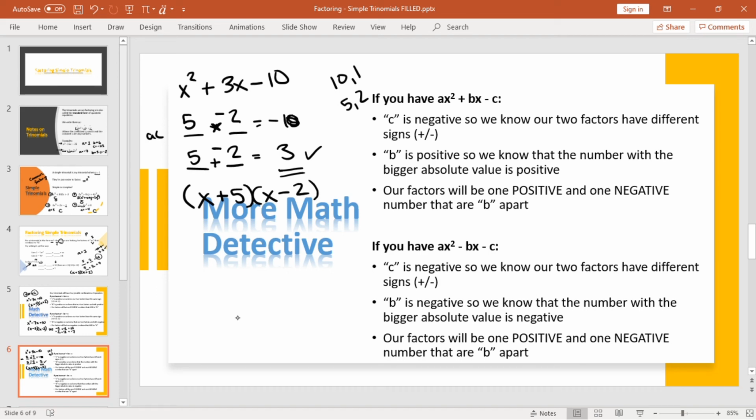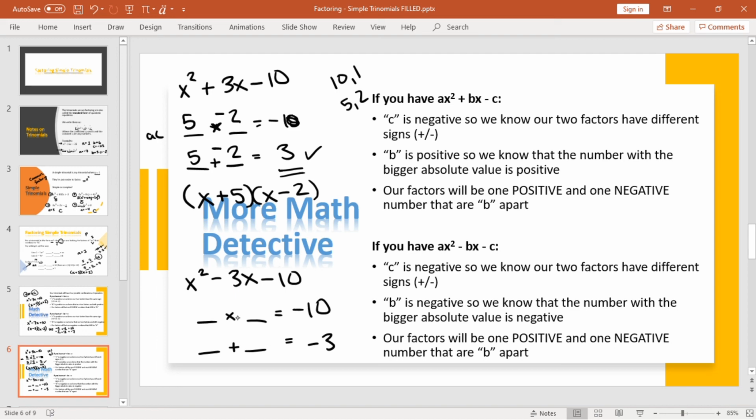And let's take it down here for the last combination, negative B and negative C. I still need to make negative 10. And I need to make negative 3. So same idea. If C is negative, that means you're looking for factors of 10 that are B apart, or 3 apart.